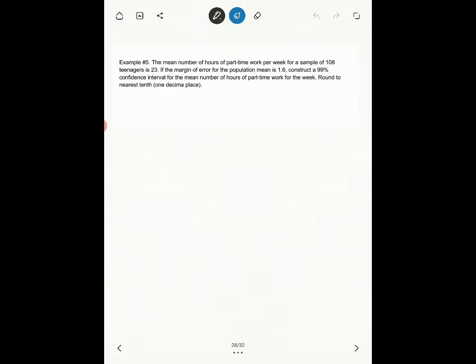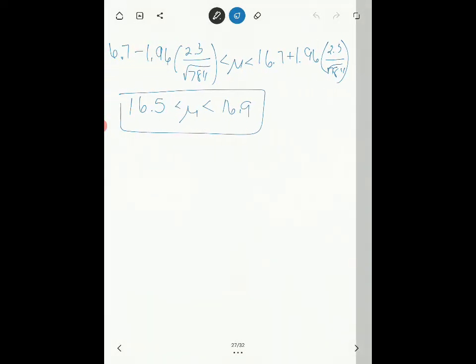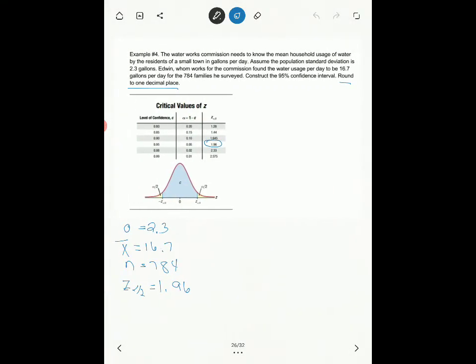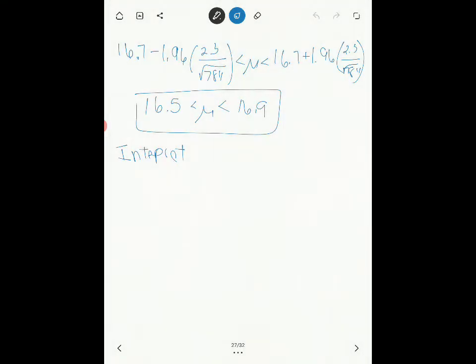Example number 5. Another thing I would like to do here before we move on is I want to interpret what this means. So let's interpret this one. On the project you're going to be asked to interpret. So to interpret this one, we were asked to find a 95% confidence interval.